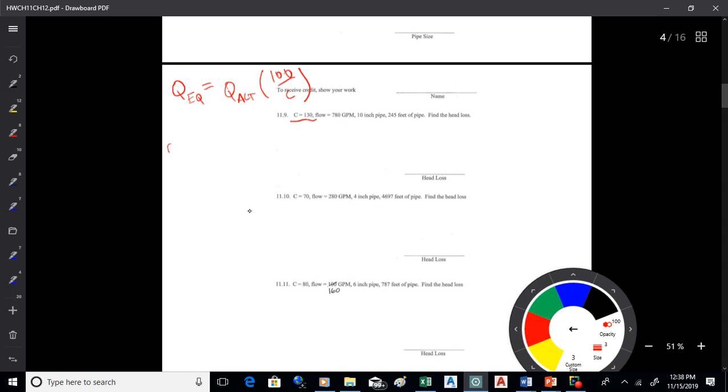So when I go to the table, I need to use what I call the equivalent flow. That'll be the actual flow, which is 780 gallons per minute, and then I'll multiply that by 100 over C, which is 130. Now I'm going to get an equivalent flow of 600 gallons per minute.